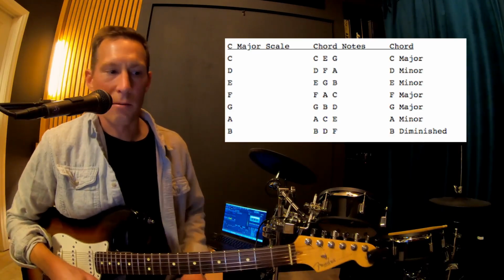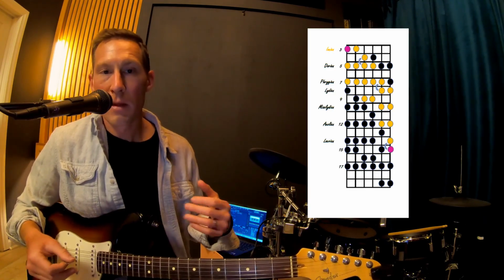Okay, so why do modes matter? To me, modes really open up the fretboard.